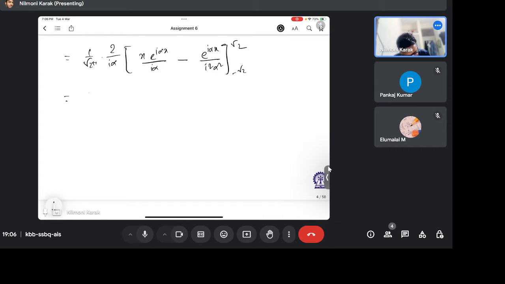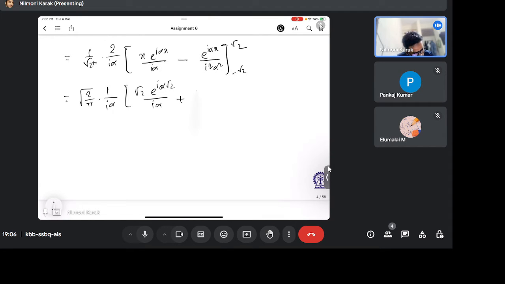Now put the values. You can write 2 by pi and 1 by i alpha, and root 2 e to the power i alpha root 2 divided by i alpha, minus, so this is a plus actually, since i square is minus 1.